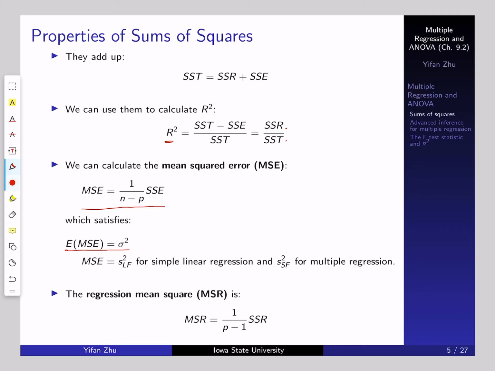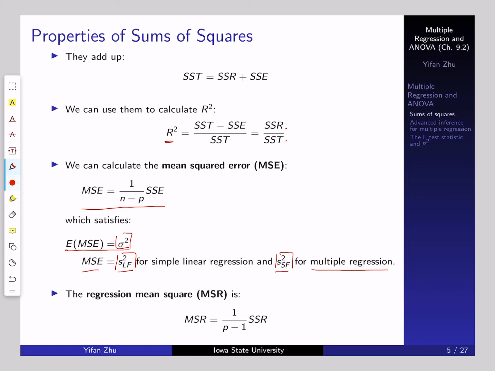For the simple linear regression, MSE is just s squared, and for the multiple regression, MSE is also s squared. So that's why we use these as the estimator of the sigma squared in the model.